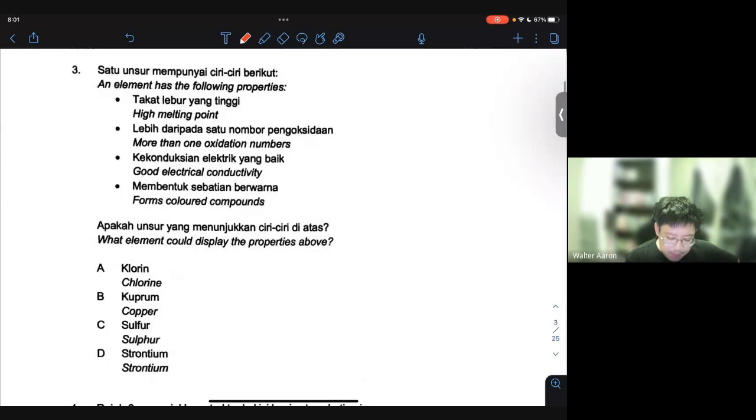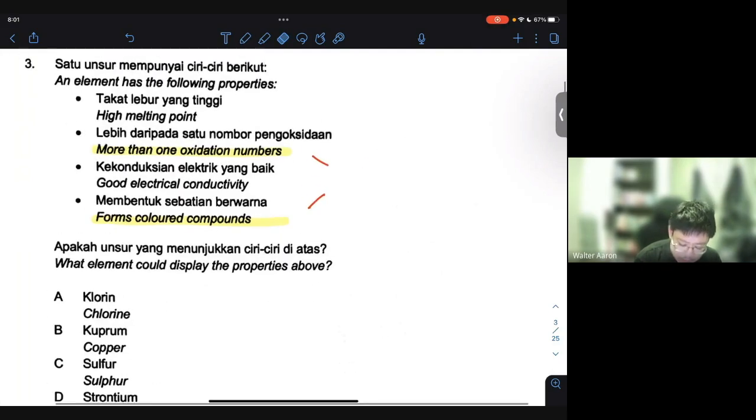For number 3, an element has the following properties: high melting point, more than one oxidation number, good electrical conductivity, and forms colored compounds. I think a very distinct trait you can see over here is having more than one oxidation number and also forming colored compounds. These two characteristics refer to a transition element.